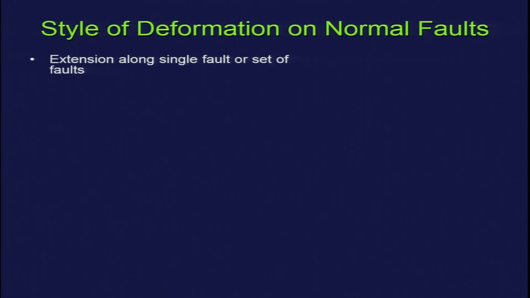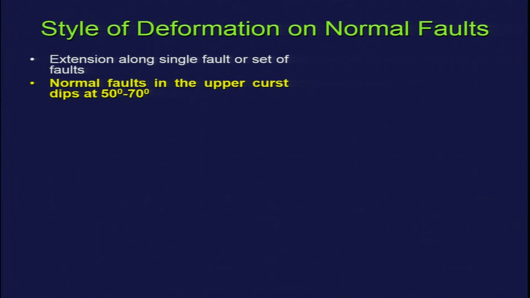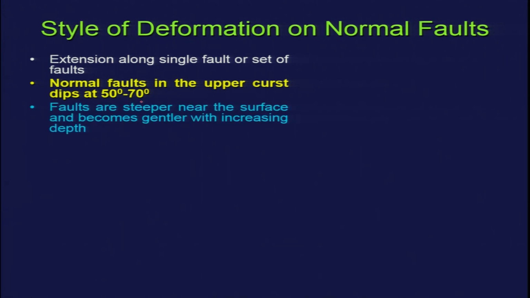So extension along a single fault, or you will see the deformation in a set of faults and not on a single fault. Normal faults in the upper crust have dips which range from 50 to 70 degrees. Faults are steeper near the surface and become gentler with increasing depth.